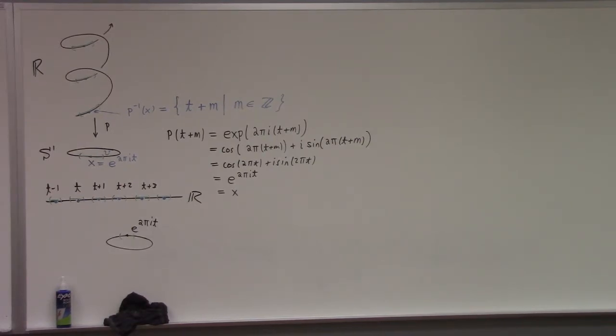That means that the inverse image of that neighborhood is a disjoint union of open subsets of E, each of which is homeomorphic to U via P. The fact that the sheets are homeomorphic to U is essentially by definition here.